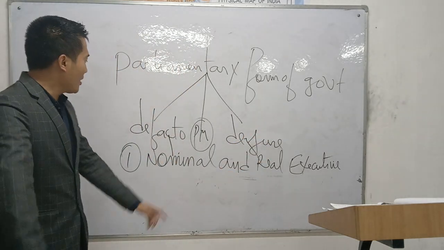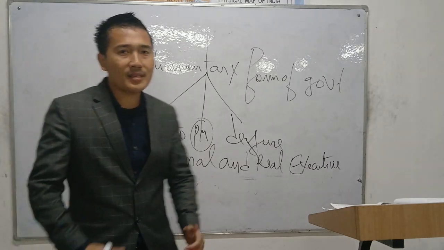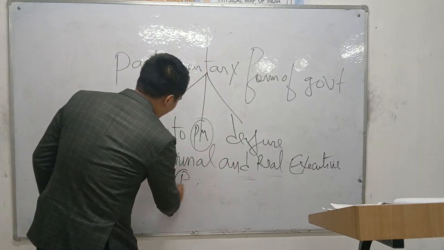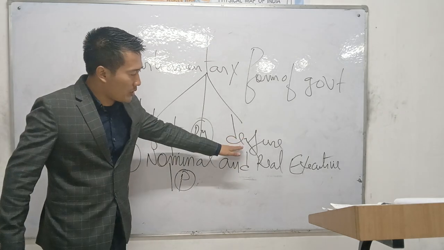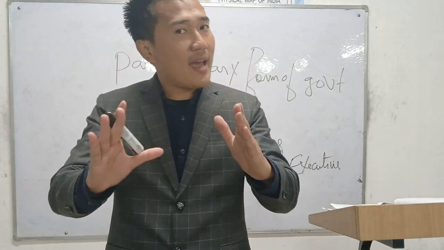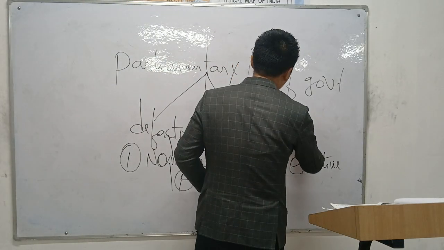Often asked in NPSC, what is de facto and what is de jure? De facto means the nominal head, the less powerful, that is the President of India. De jure means the real head, the real power. The power is in his hands, known as the Prime Minister.